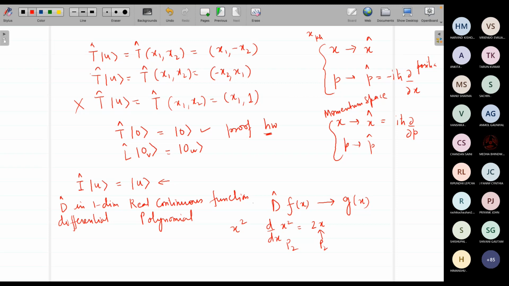Now, D acting on f(x) plus g(x): the result will be f prime x plus g prime x. So it takes care of additivity, which is nothing but D of f(x) plus D of g(x). You can similarly check the scaling property and you will say, okay, sir, yes, this qualifies to be a linear operator. Another one of the common ones.